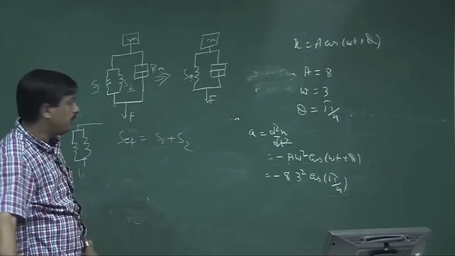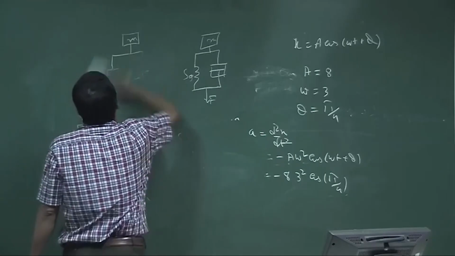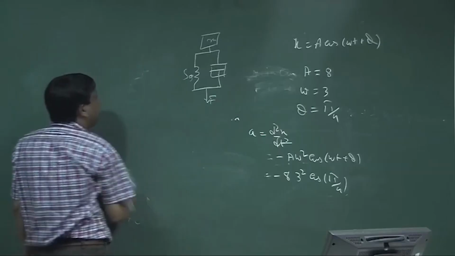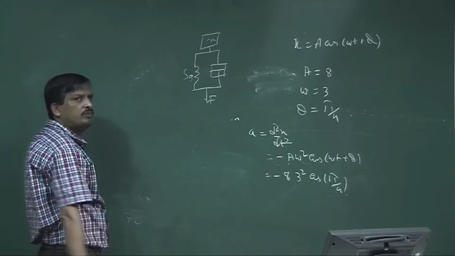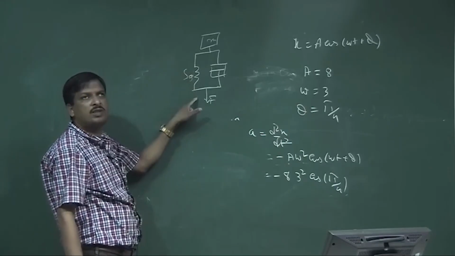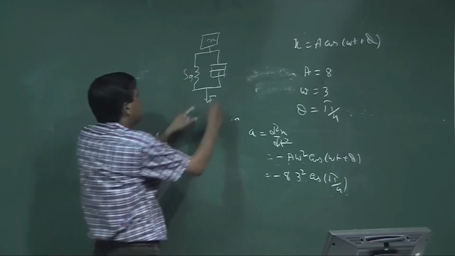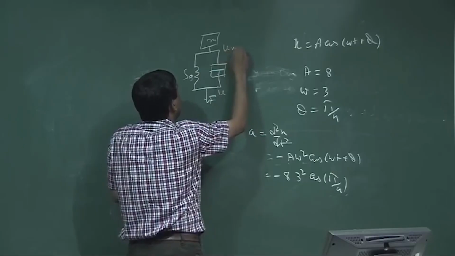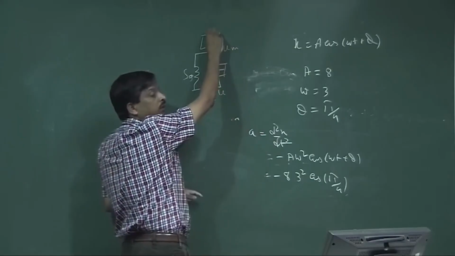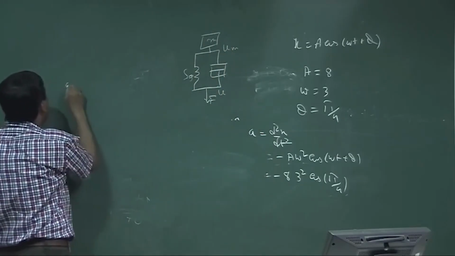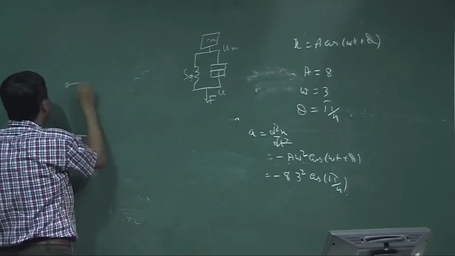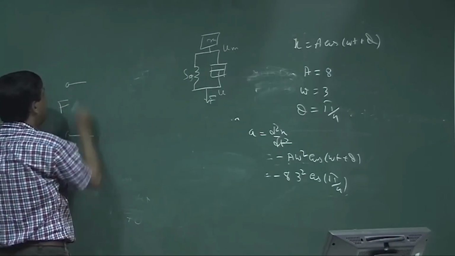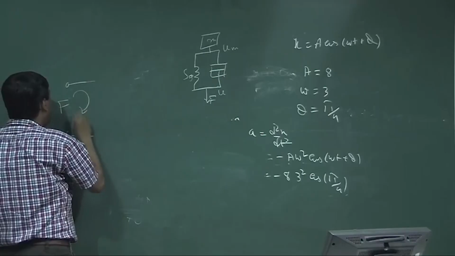Okay. Now, if this is the mechanical circuit, what is the equivalent electrical circuit? I can easily draw it now. The volume velocity that exists here is u, and since it is not grounded, I can say a force is applied here and it produces a u.